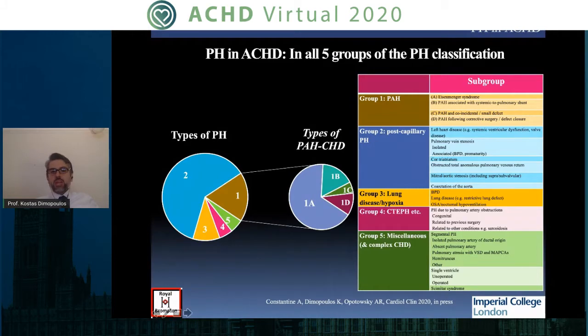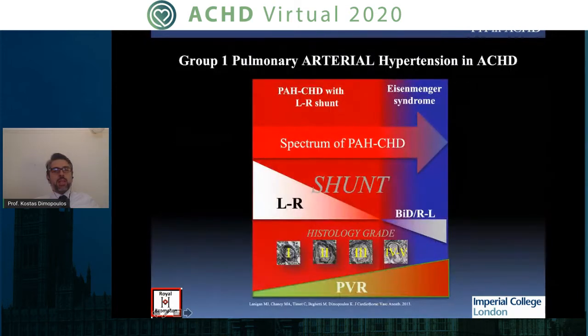There are, of course, patients with lung disease. There are patients with obstruction in the pulmonary arteries that could cause pulmonary hypertension, and miscellaneous causes for pulmonary hypertension. Now, focusing on group 1, pulmonary arterial hypertension and congenital heart disease, we know it's a very wide spectrum of conditions.